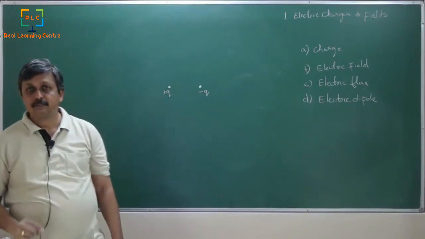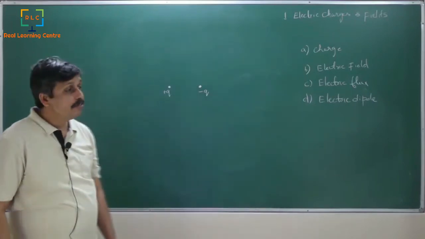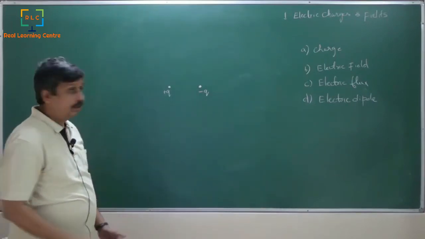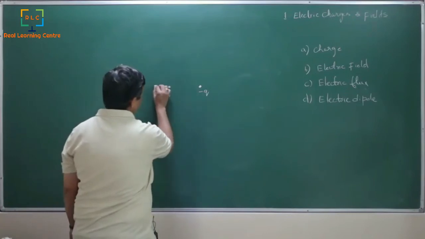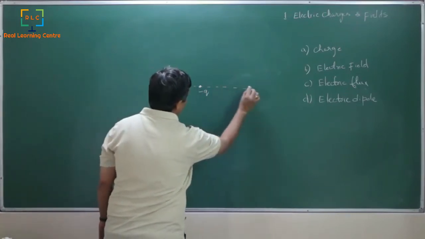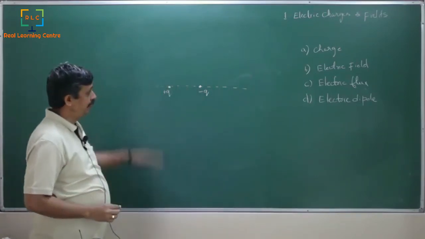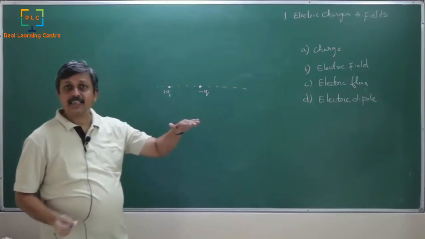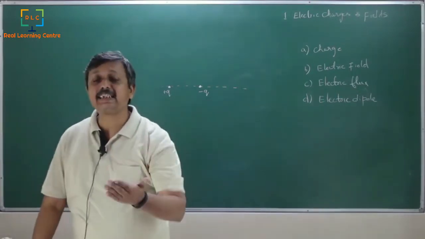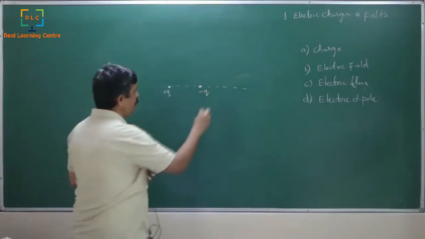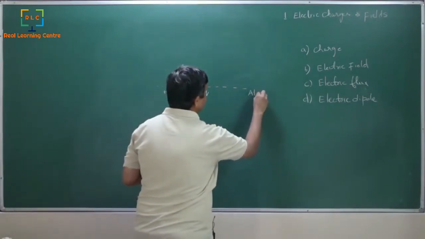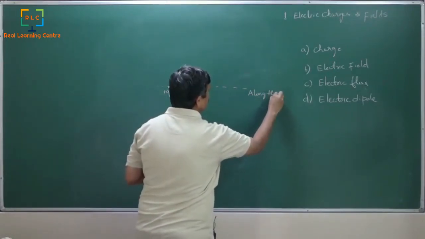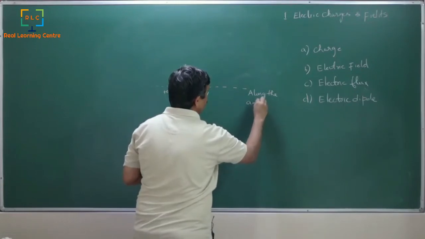Minus q here. Now we're going to find out, if I put one line here, that is called along the axis of a dipole.